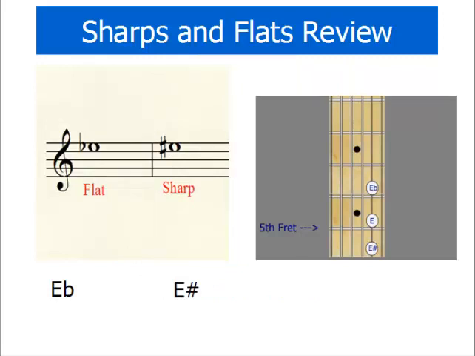Tell me now, what's between E flat and E sharp? The answer's on the right there. 5th fret, E. Yes, it could be open E, but in this case it's visually more demonstrative. You can see E flat, the lower note. E is higher than E flat, and E sharp, the highest of the others. And of course, as the notes go down in this picture, the sound goes up. The pitch of the note goes up.